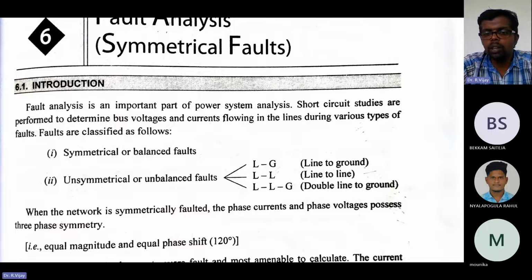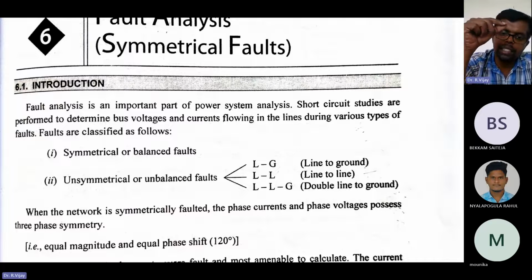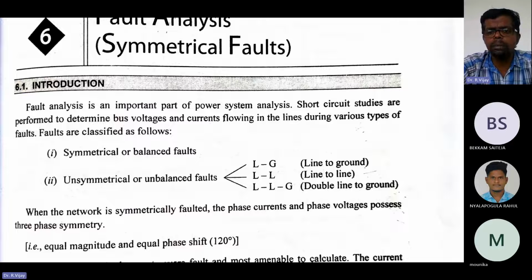This kind of double line to ground fault happens when there is severe rain outside. At that particular time, some trees may fall, so tree branches may fall. The first line may touch the second line, and those two lines may go to the ground. Like that it may happen.